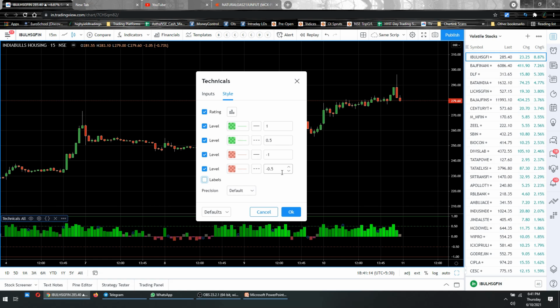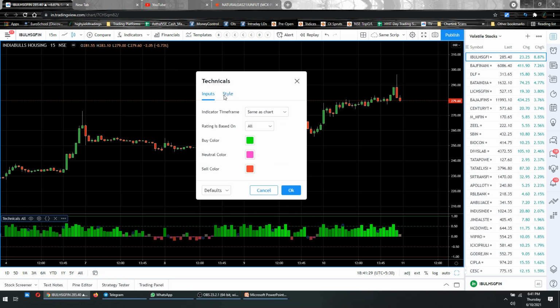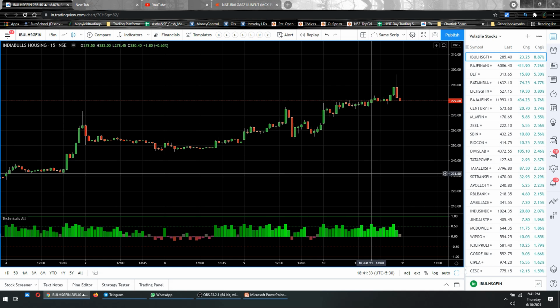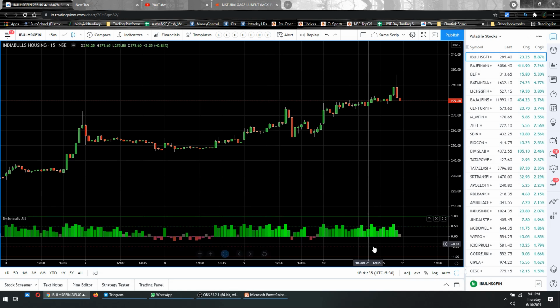After some time, I'm going to discuss what exactly this 0.5 mark is all about. So this is what we need to check in the settings, the inputs tab and the style tab. I hope you're clear. Once this is done, this is how your technical ratings indicator, sorry, oscillator will look. Now let's get on to the trade.